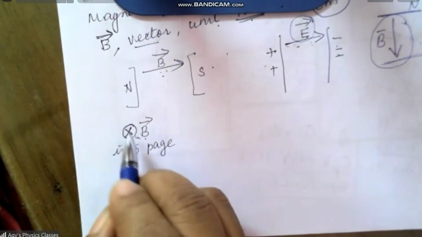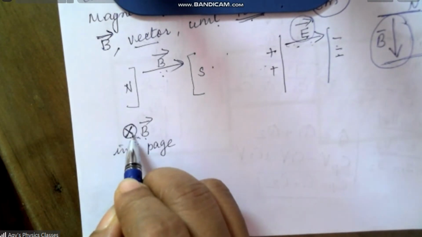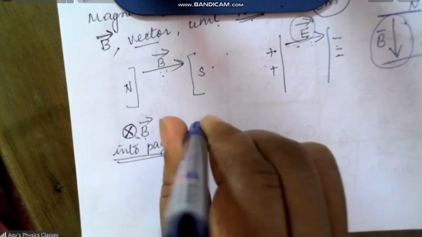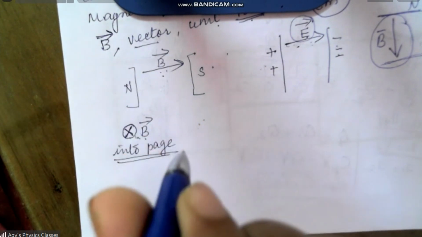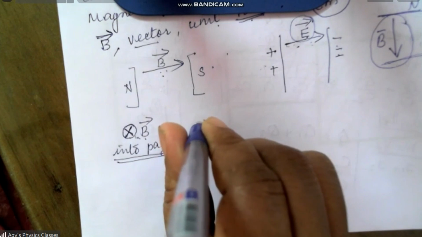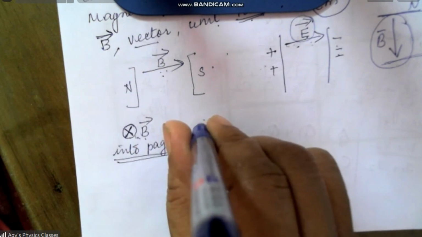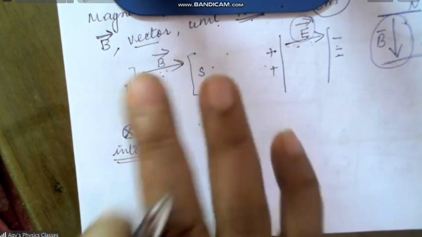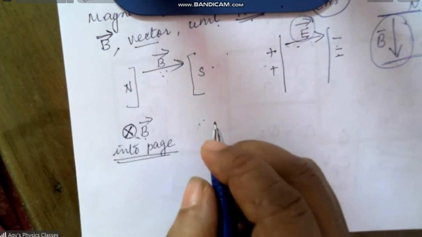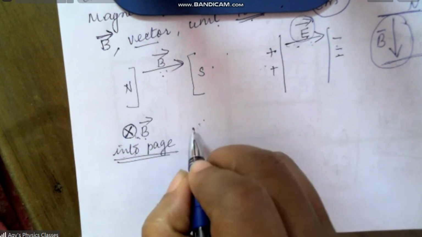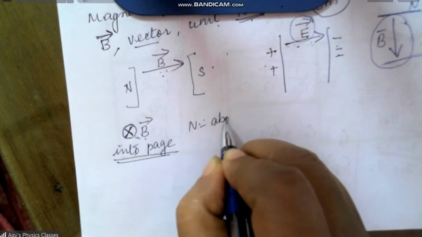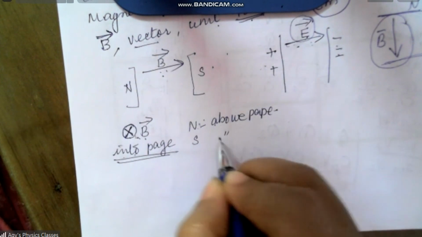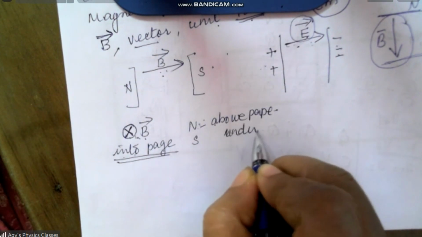Into the page means perpendicular to this paper, so this is the direction of magnetic field. If this is the direction of magnetic field, what pole have I placed over the top of the paper? North. Do you understand? Into the page means north pole above the paper, south pole under the paper.